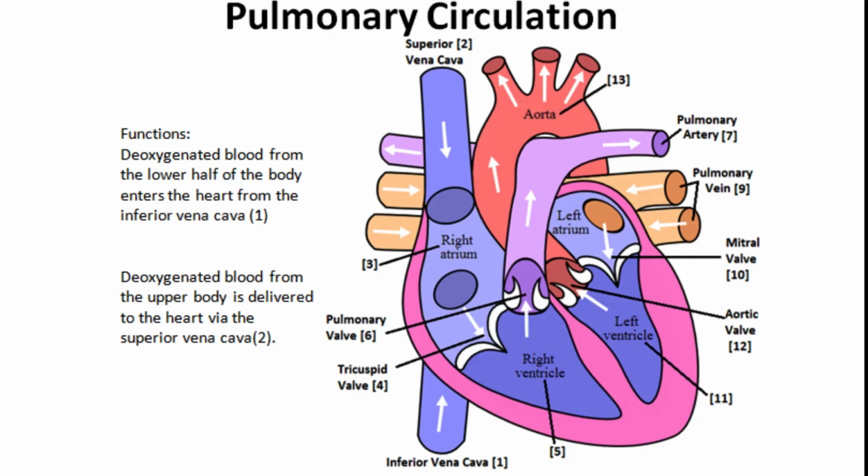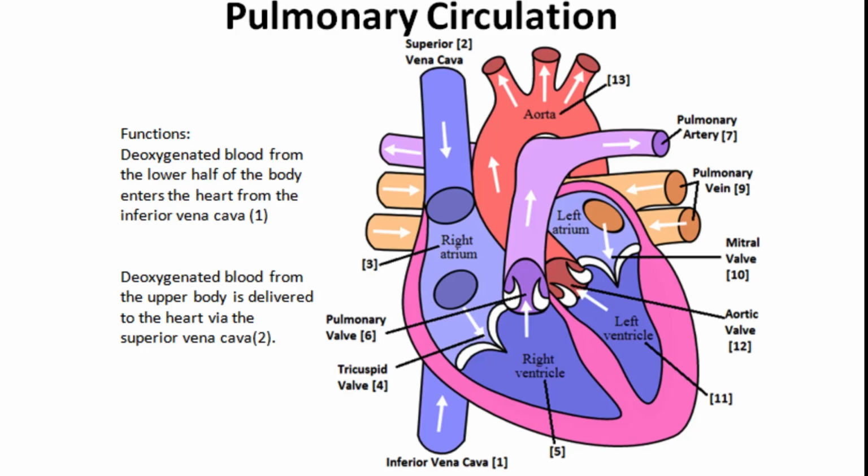It is situated exactly at the center of the body. Some part of the body, the upper part, is above the heart and the lower part of the body is below the heart. So the heart has to supply blood to both body parts, upper part and lower part.